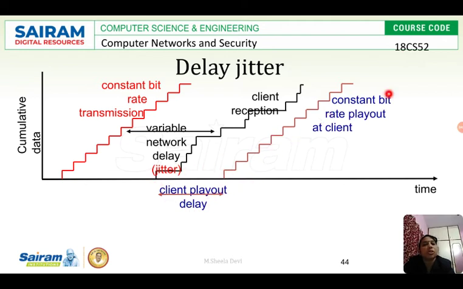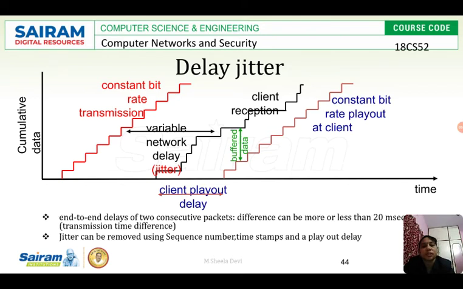I will not have a constant bit rate at the play out. Because of this delay, I will have some delay here also, because my buffer would not have been filled. So I have to give some duration to fill my buffer, and I have to start the play out so that it will be constant. The reception also will be constant at the client.